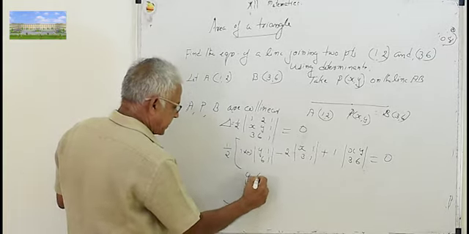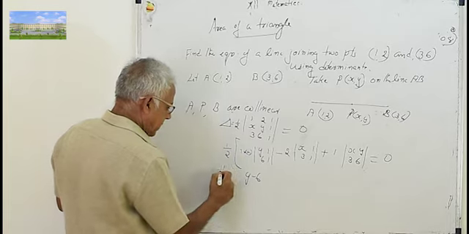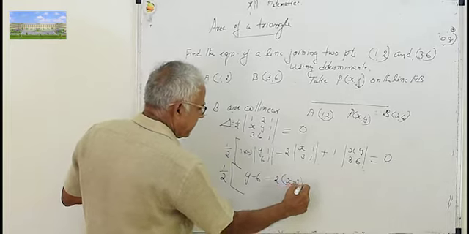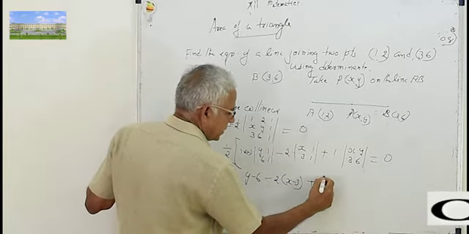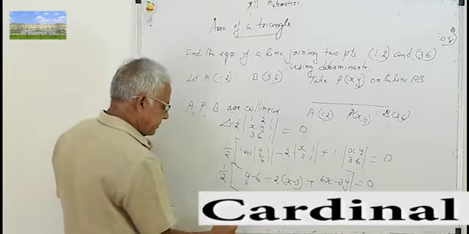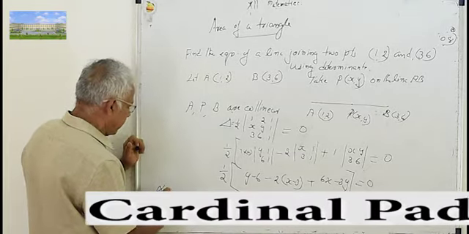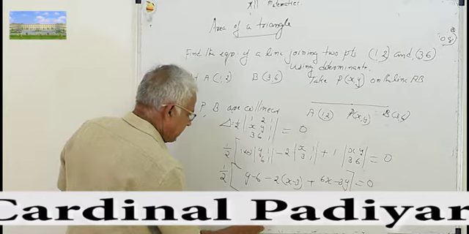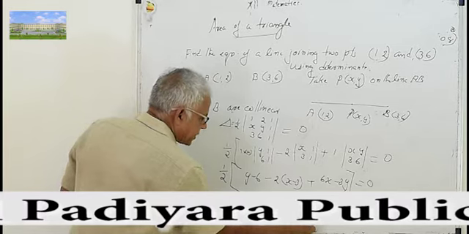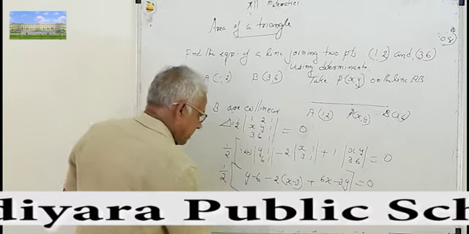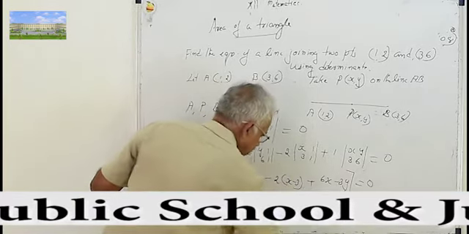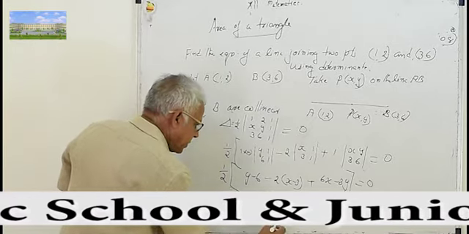So, half into (y minus 6) minus 2 into (x minus 3) plus (6x minus 3y) is equal to 0. Cross multiplying by 2, we get y minus 6 minus 2x plus 6 plus 6x minus 3y is equal to 0. Therefore, positive 6 and negative 6 cancel.